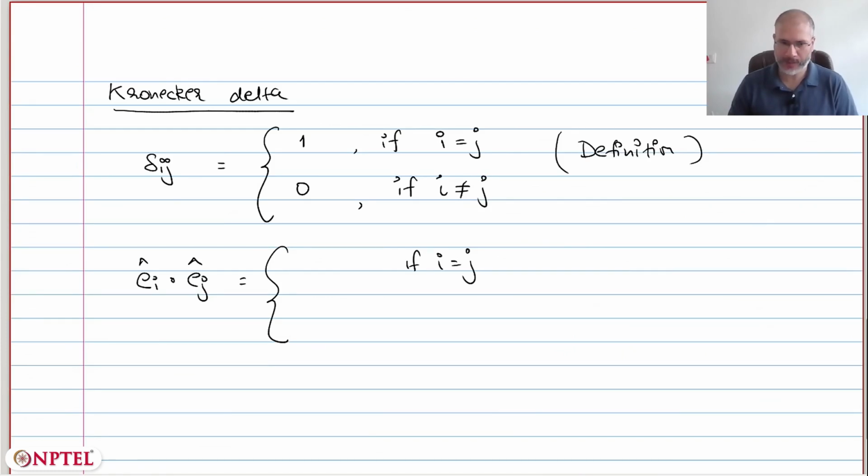If the value of i is equal to the value of j, that is if i and j are both equal to 1, so this is e1 dot e1, this becomes equal to 1. So if i equals j by values, then this is equal to 1. But if i and j are not equal by value, then it's equal to 0.